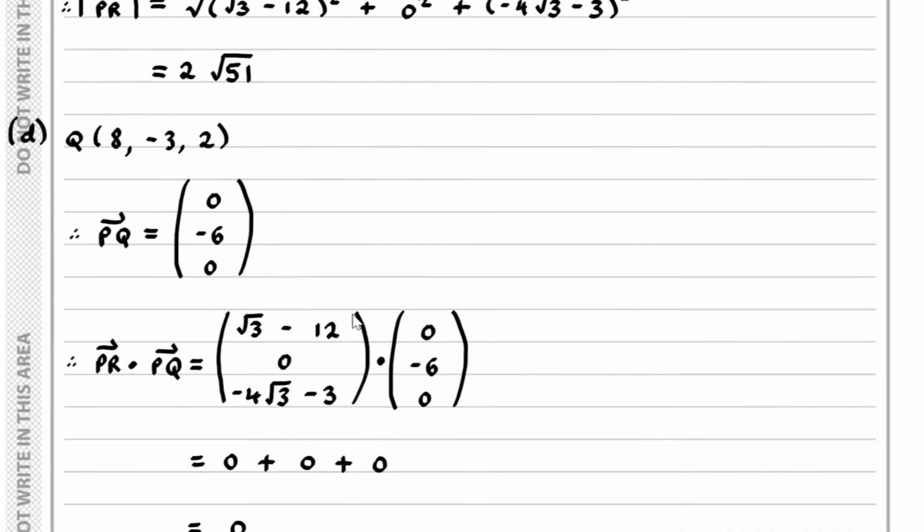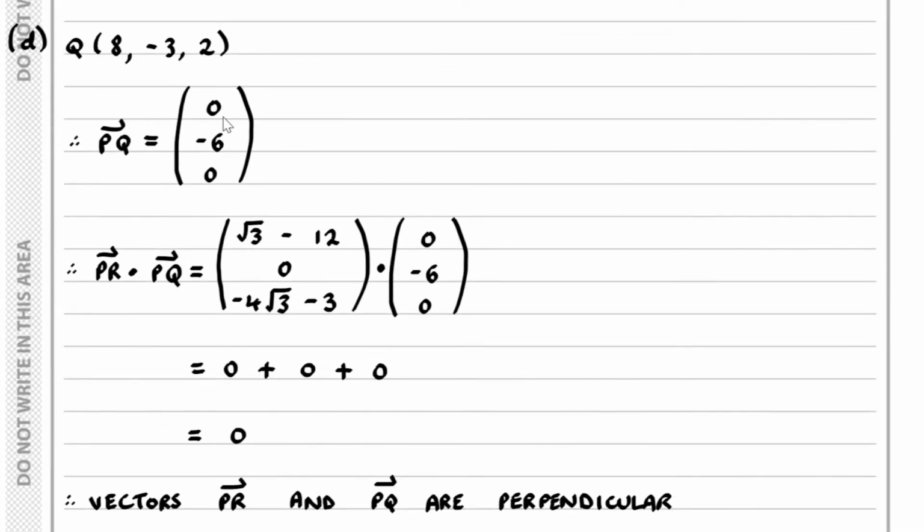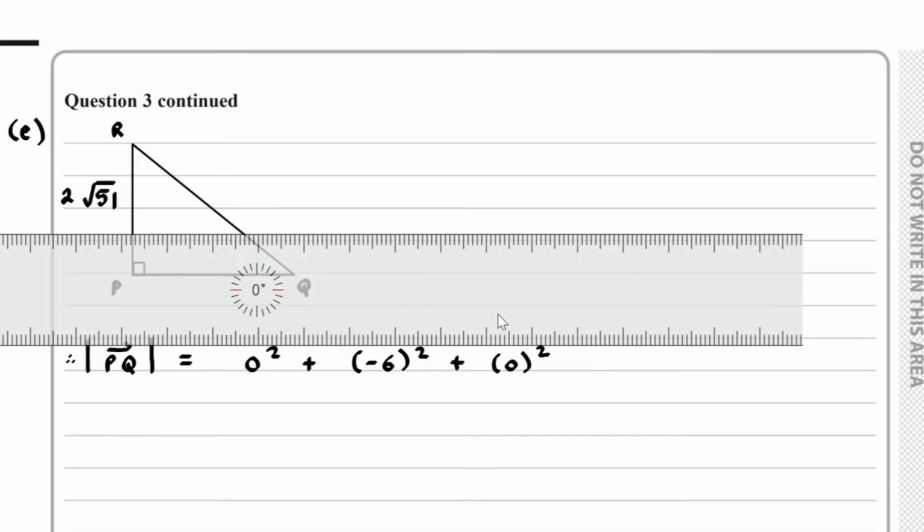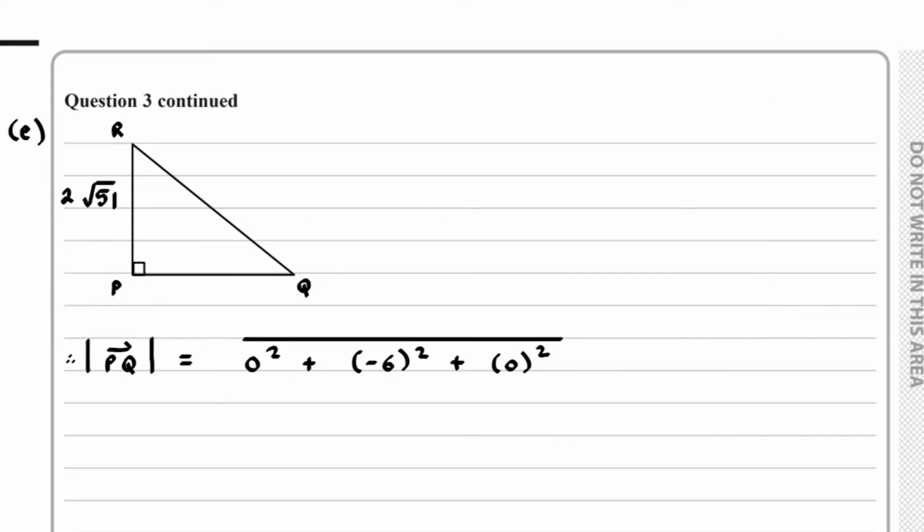The distance of PQ, well, if I know that PQ is equal to 0, minus 6, 0, then the magnitude of PQ will equal the square root of 0 squared plus minus 6 squared plus 0 squared, which is equal to 6. So this distance is 6.